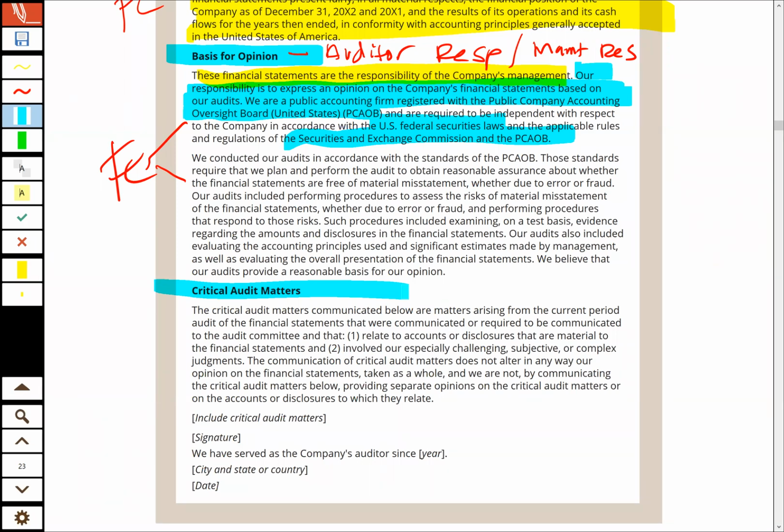Okay, now note though that the critical matters does not, I should say, does not modify the opinion. I guess I could say does not qualify the opinion.